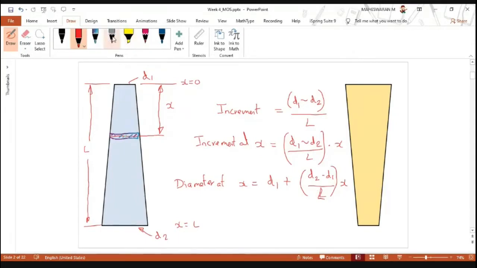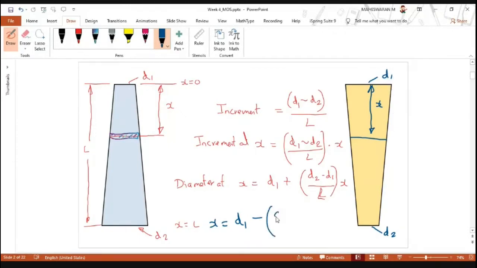Let me consider this one. Now this is my d1 and this is my d2. If I want the diameter at this location x, what will be the change in the formula? Because here the diameter is decreasing, whereas in the previous case it was increasing. So it is minus. Which is the greater value? D1 is the greater value.